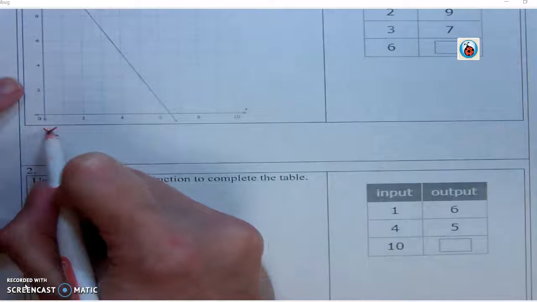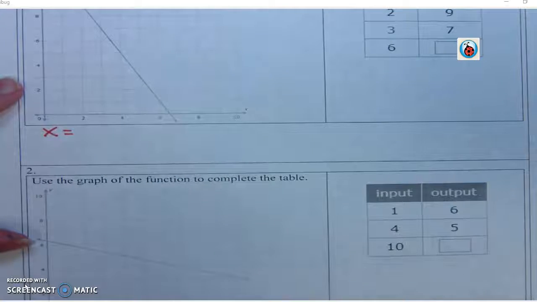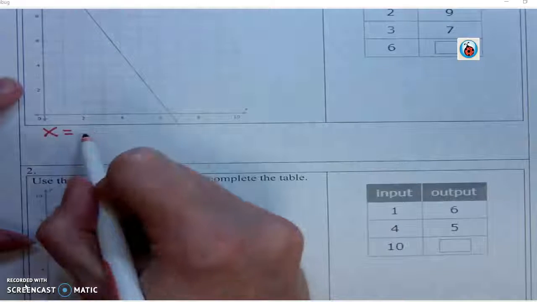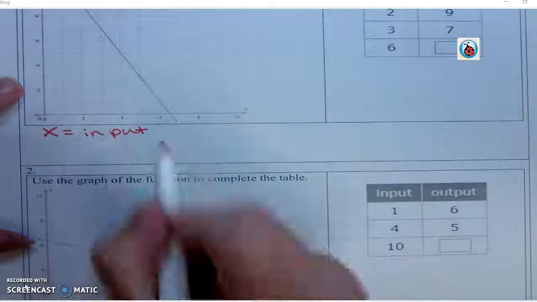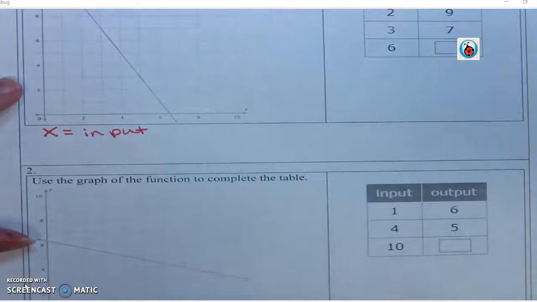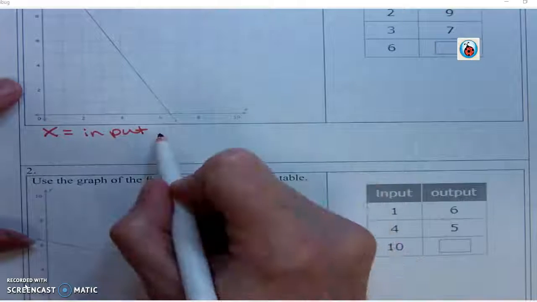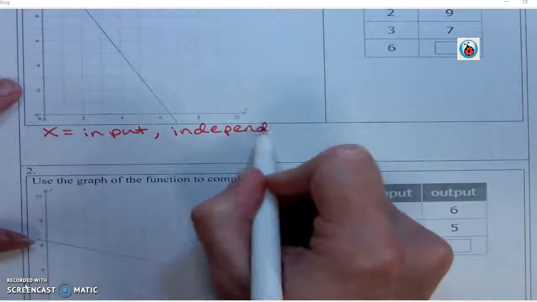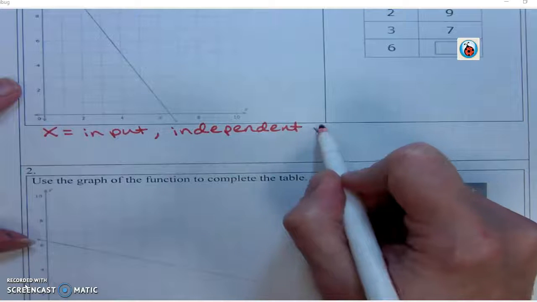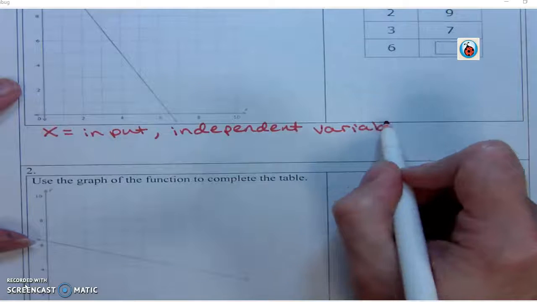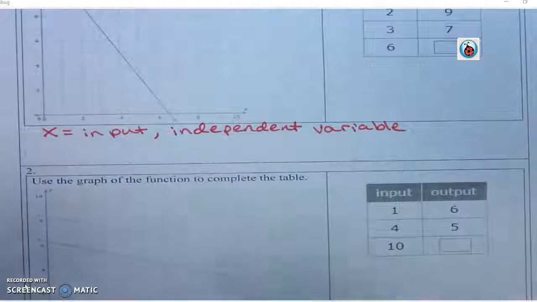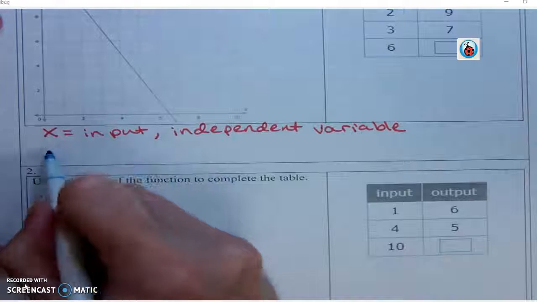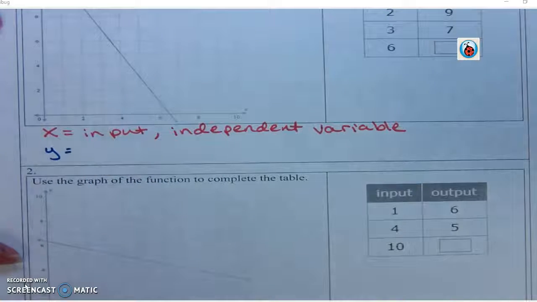So X is going to be referred to as your input. It is also, if you remember from earlier this semester, your independent variable. Y, as a result, is your output.